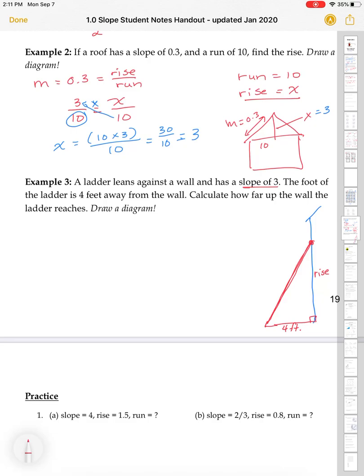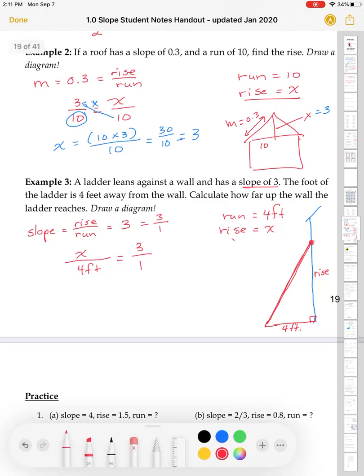Okay, so I have a slope of 3. So slope, which equals my rise over run, equals 3. I know that my run equals 4 feet, and my rise, I'm going to call x. So, rise x over 4 feet is equal to 3, and I can write that as 3 over 1.